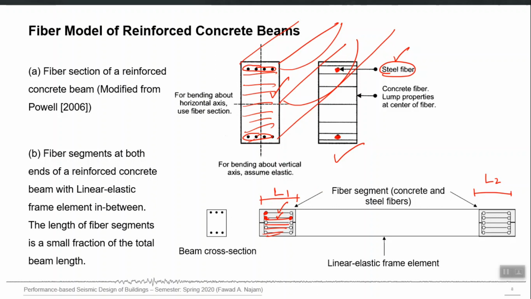It can be, let's say, 1d, where d is the depth of that beam, for example, or half d. So it is sometimes expressed as a multiple of the cross section size of that beam. And there is extensive research on how long this plastic length should be, right? Ideally it is the plastic length LP, and different studies propose different plastic lengths.